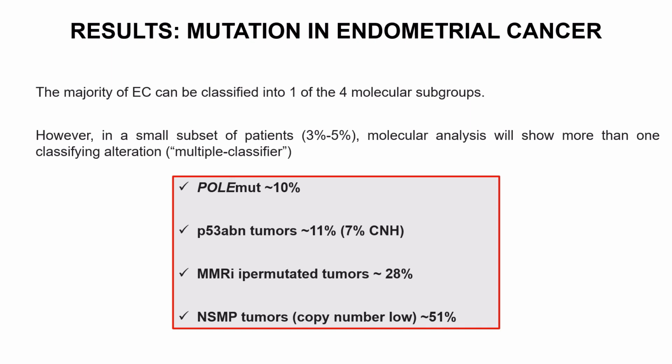Then 10% of cases were POLE mutated, 11% p53 abnormal tumors, MMR hypermutated tumors more or less 28%, and then 5% NSMP tumors, so copy number low.